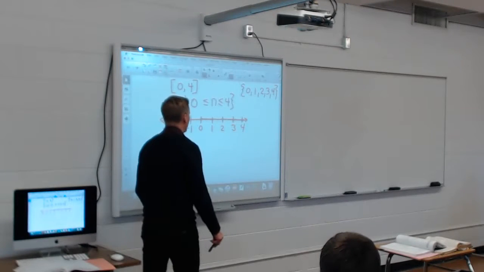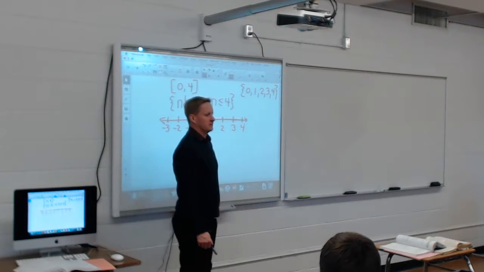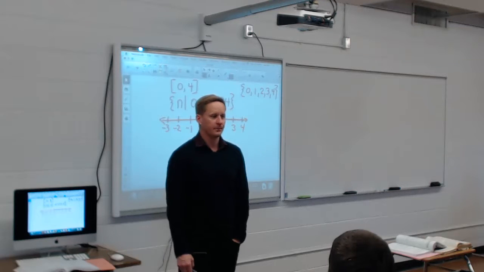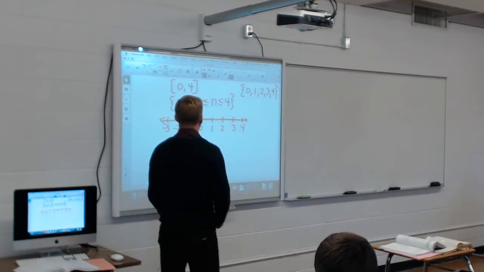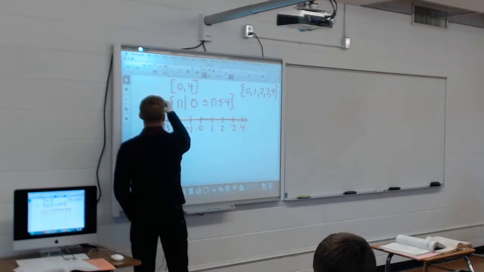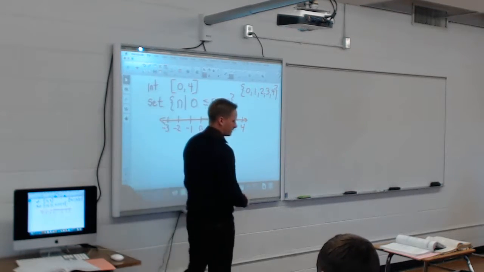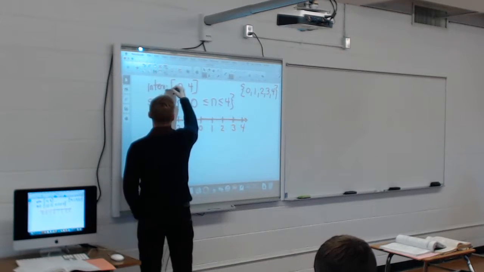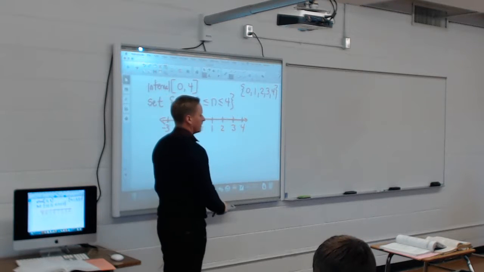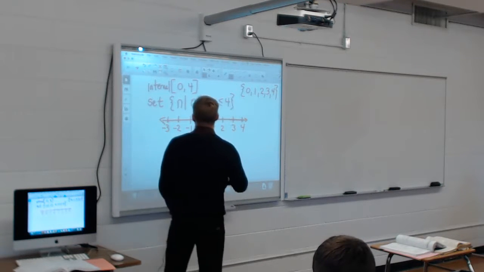Now this is great when I have closed sets like this. Okay? Any questions so far? So this is set notation, this is interval. I got that backwards. No, I'm sorry. I always get these mixed up. So that's what I have. All right. Okay, so let's do another one.